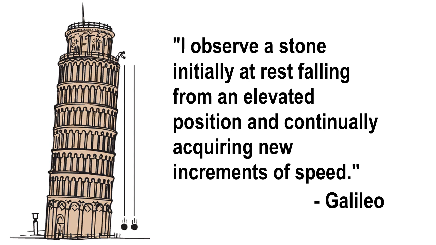I mean, it's amazing that it hasn't fallen over, but I observe a stone initially at rest. Same as Logan. All right? Falling from an elevated position. Now, he wasn't falling. He was kind of sliding down on a ramp, on a slope down here of the aisle. And I don't think Logan would have volunteered to drop 10 meters from the roof down to the ground. But Galileo used a cannonball and a musket ball.